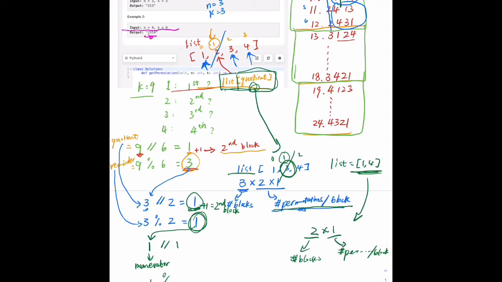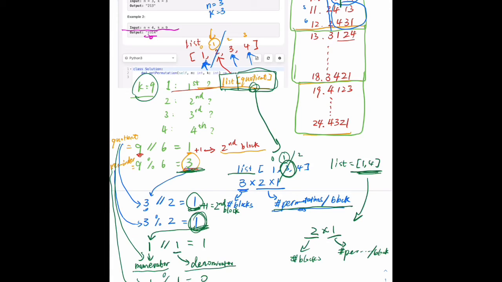1 mod 1. So you have 1 and 0. And now the quotient is this, and the remainder is this. So this 1 is the denominator. You can already find that the numerator starts with k and then gets updated by the remainder, here 3, here 1, in each round.